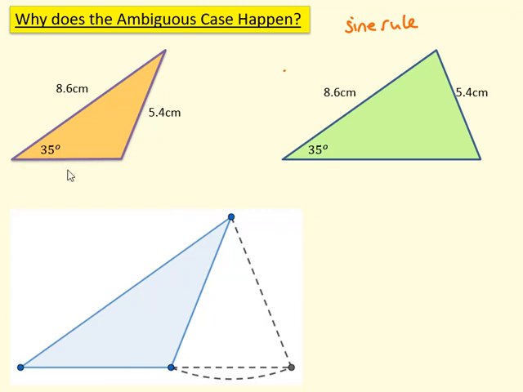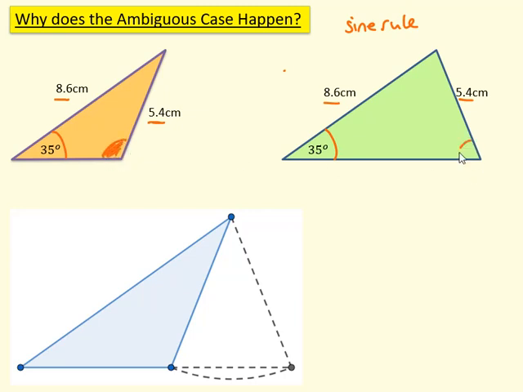Okay, remember this example that we had with the triangles that had the same measurements. It had 8.6 and 5.4, and then an acute angle in this corner, and 8.6 and 5.4 and the same angle in that corner, and we tried to work out this one here.